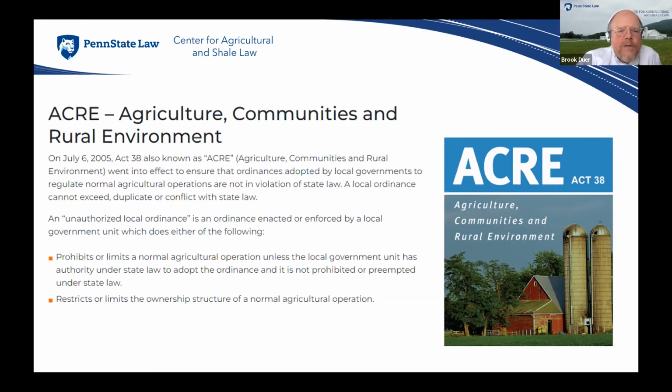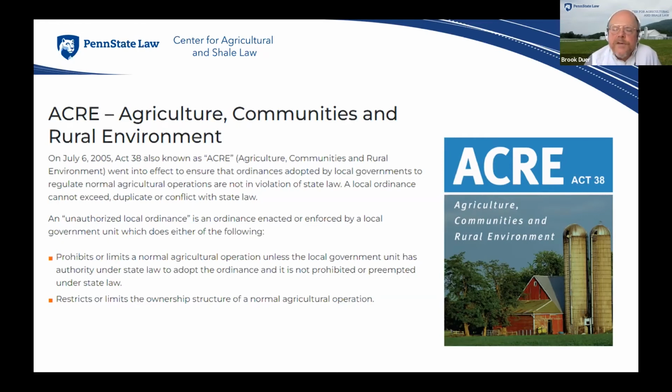And so that's the term of art. You have a number of terms of art created here. Essentially, an unauthorized local ordinance prohibits or limits a normal ag operation unless the local government unit has authority under state law to adopt the ordinance, some specific authority that's already been through the legislature, and that it's otherwise not prohibited or preempted by some other act of the state legislature.